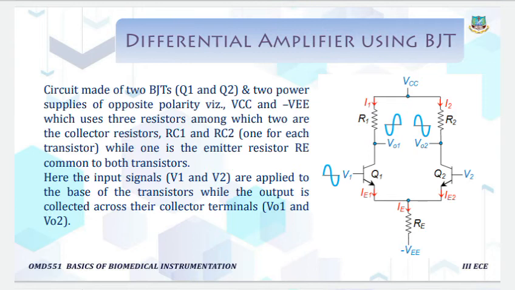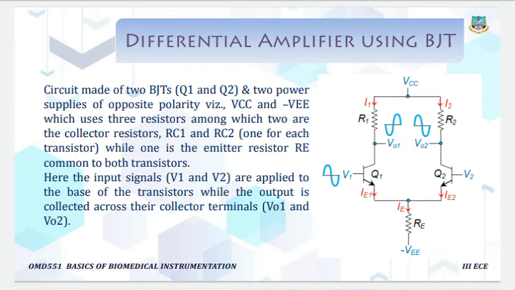Here in this figure, Q1 and Q2 are the two bipolar junction transistors, and we are using two power supplies, VCC as well as VEE, which have opposite polarity: VCC is positive and VEE is negative. Normally we are using three resistors.